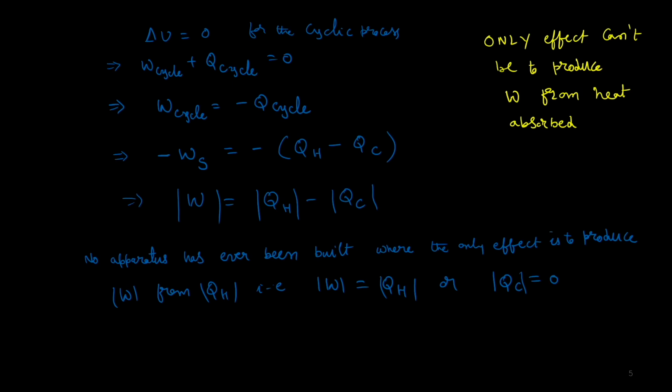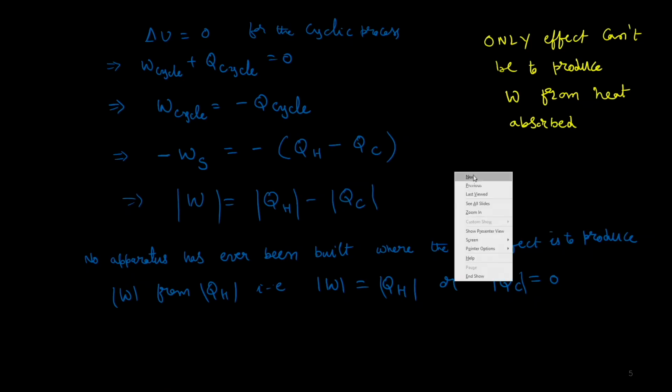Now, another way of defining the same thing is through what we call the efficiency of the process. The thermal efficiency of such a heat engine is defined as the total amount of work we can produce over the total heat we have exchanged with the engine at the hot reservoir. The efficiency is W by QH, right?